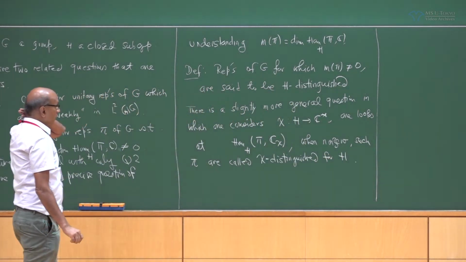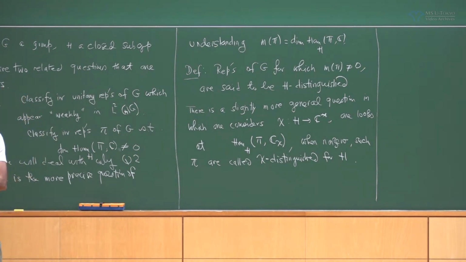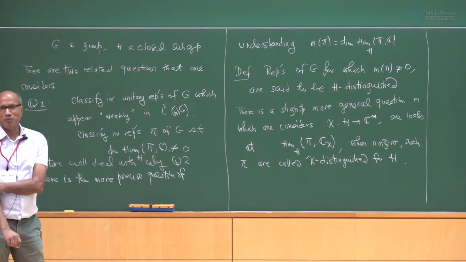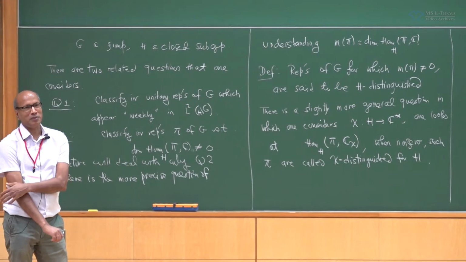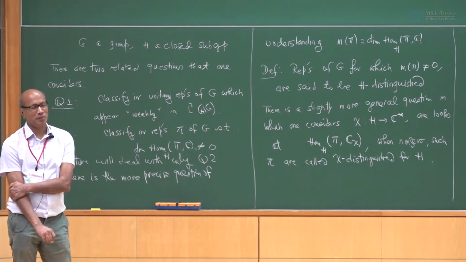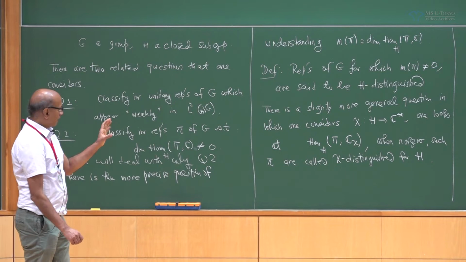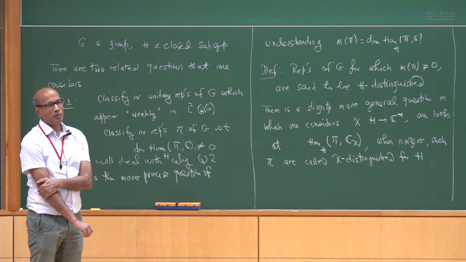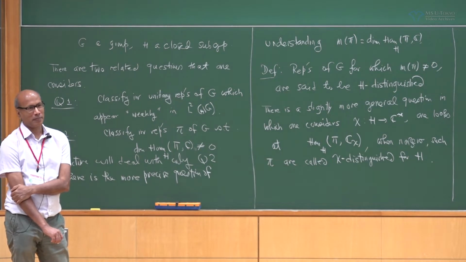The classification of distinguished and chi distinguished representations has become a very important theme in the subject of automorphic forms and p-adic groups, and it also makes good sense and is an important question for real groups.